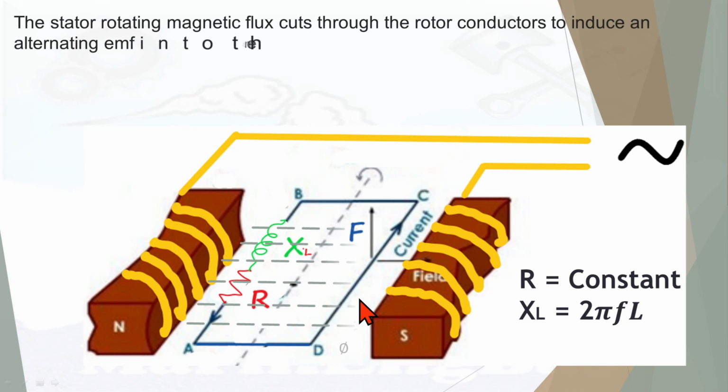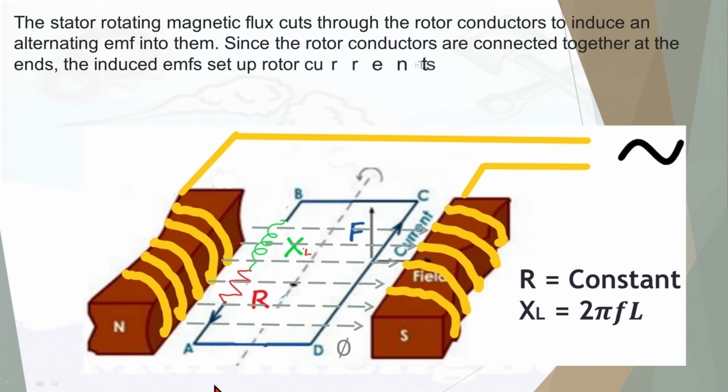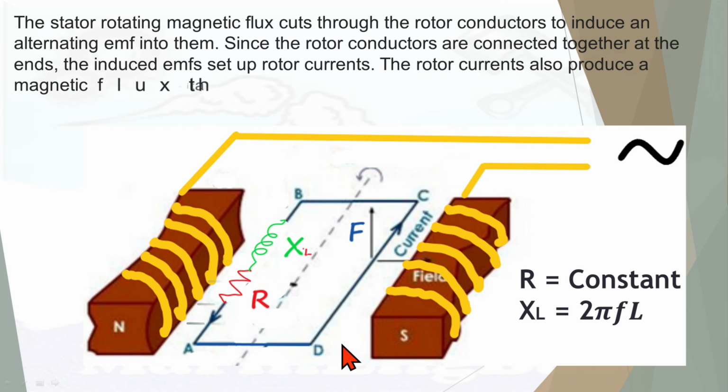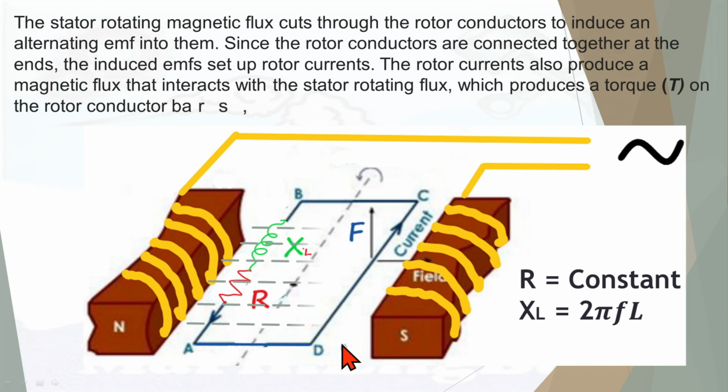The ABCD loop, which is one loop of the conductor bars of the squirrel cage, is subject to the magnetic field and an EMF is induced. That causes a force upward on CD and downward on AB, which creates a couple. Then the rotor will start to turn.